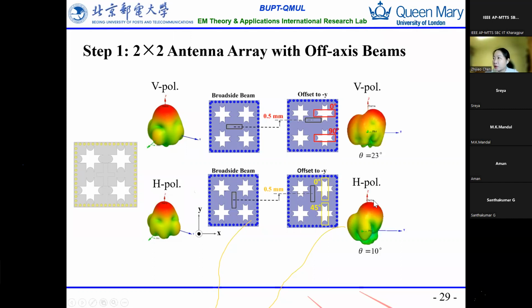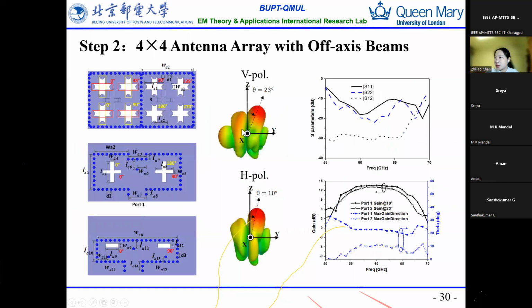So this results in the vertical polarization with a beam tilted to 23 degrees, and the horizontal polarization has an offset of 10 degrees. By combining these two, we can achieve this dual polarization antenna in one scope.